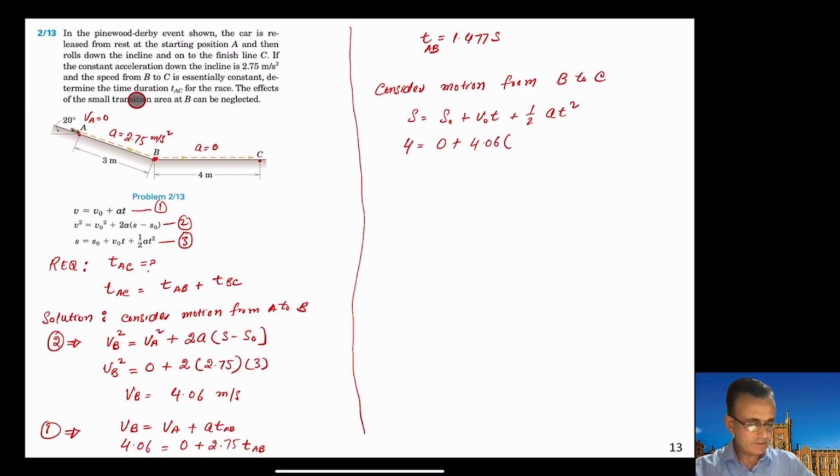And time here is unknown, that is what we want to calculate, the time from B to C. And the acceleration from B to C is 0, so this term will become equal to 0, plus 0 because acceleration is 0. So from here you can calculate TBC, which will be equal to 4 divided by 4.06, which is 0.985 second.